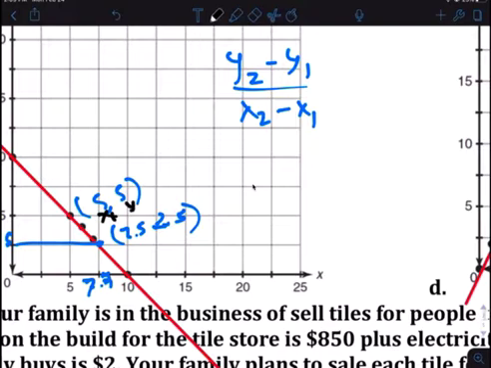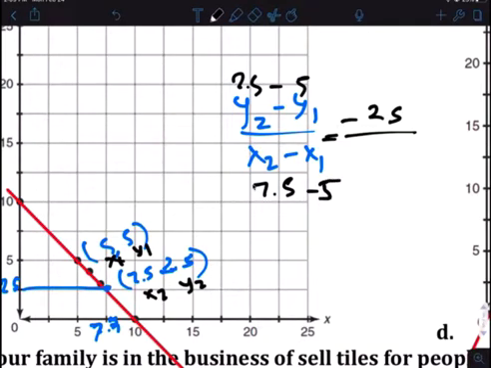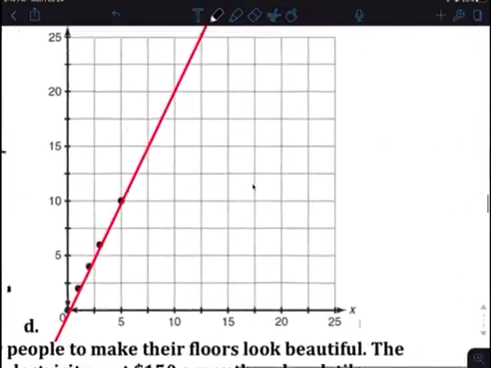This is x sub 1, y sub 1, x sub 2, y sub 2. 2.5 minus 5, you get negative 2.5. X sub 2 is 7.5 minus 5, get 2.5. So divide that, you get negative 1. So your slope here is negative 1.